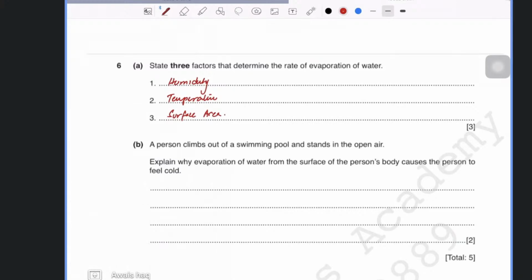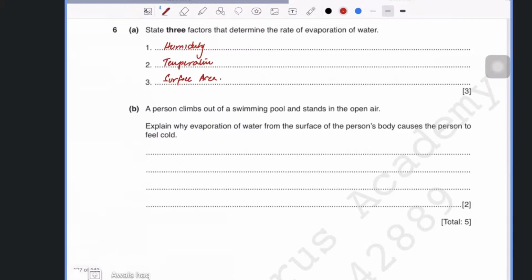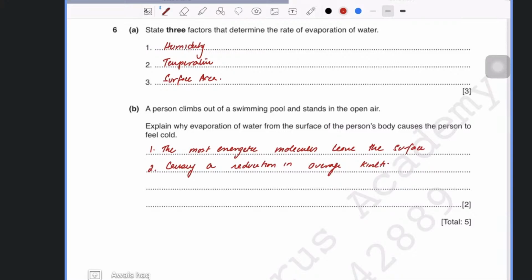All right, wind speed. Anyway, then it says a person climbs out of a swimming pool and stands in open air. Explain why evaporation of water from the surface of the person's body causes the person to feel cold. So the ideal answer is that the most energetic molecules leave the surface, causing a reduction in average kinetic energy of the body, right?